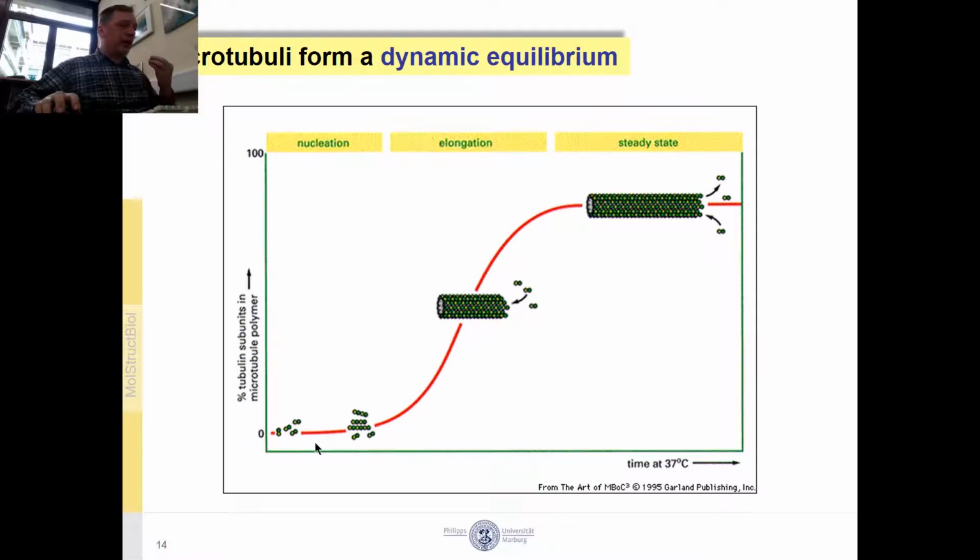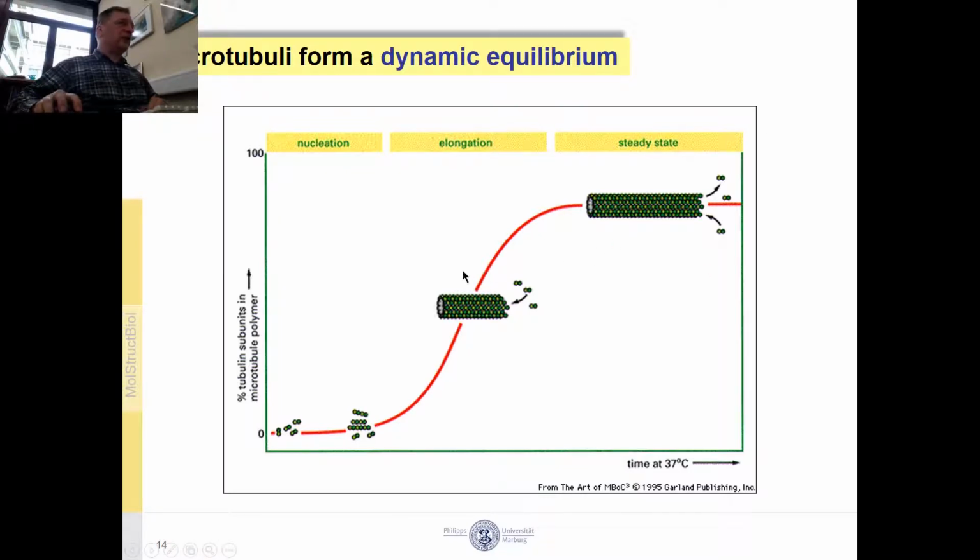So we have to have a lot of these alpha beta tubulins meet together, 8, 9, 10, so that they form a nucleus. And the nucleus can then form the starting part of these tube-like structures. And then you can have elongation, not at the minus side, but at the plus side.